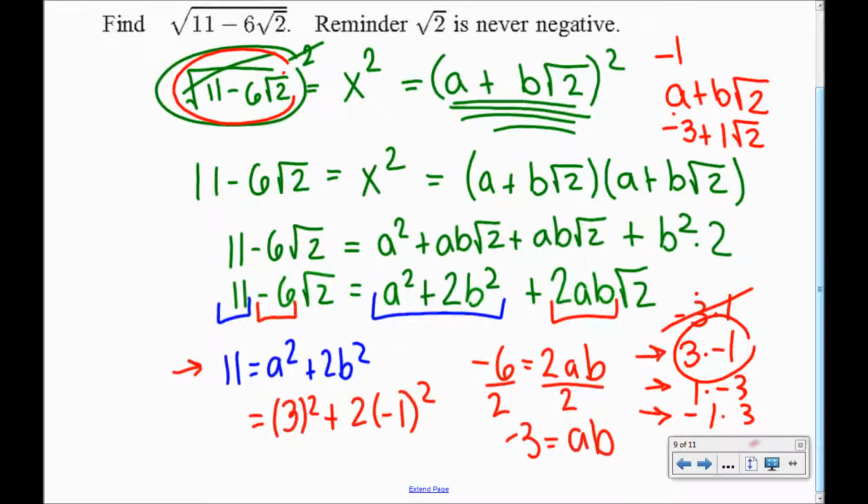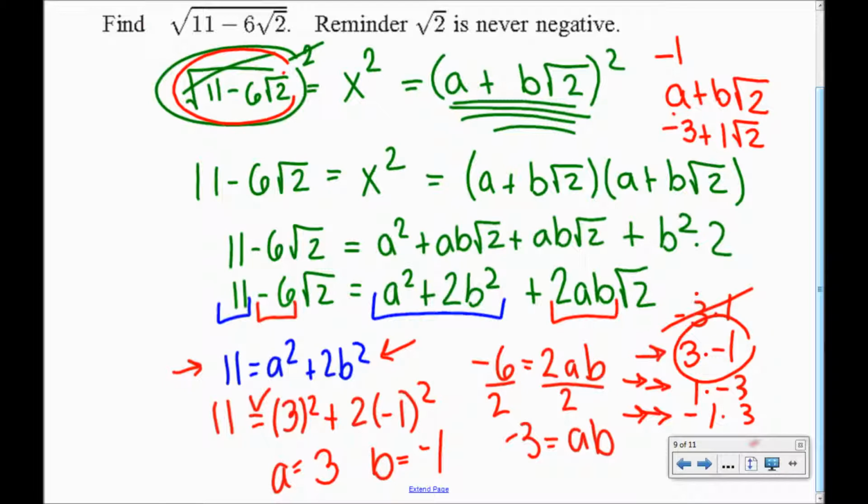Remember, a negative 1 in brackets squared is a positive 1, right? Because a negative times a negative is a positive, of course. So we've got 2 plus 9. Yes, that is 11. So we end up with a is 3 and b is negative 1. And if you try either of these two combinations, you'll find that they don't work in this equation.